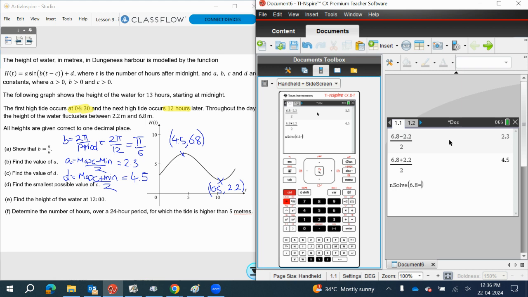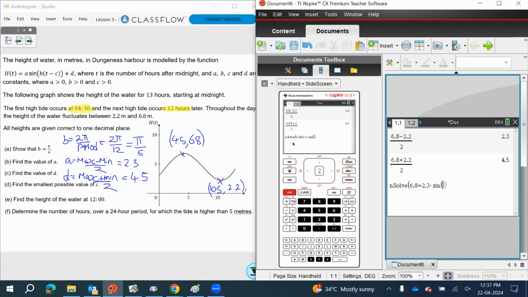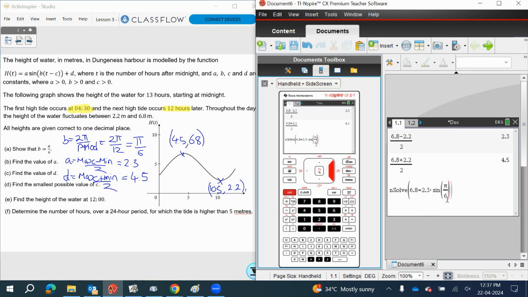The a value I calculated is 2.3 times the sine of our b value, pi over 6, and then our x value is 4.5 minus c, close brackets carefully, plus d, which is 4.5, comma, solve for c. So I put in the maximum point and do a solve for this.